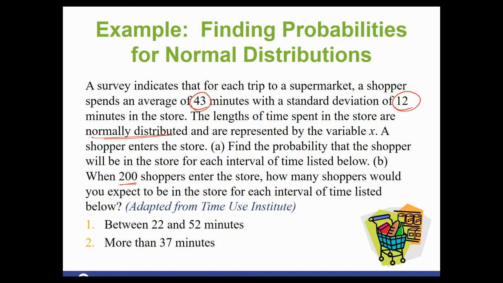So part A is just like what we were doing. We're just going to do it twice since we have two different situations here. But I do want to briefly talk about this 200 shoppers. That is your sample size. N is 200. So what we're going to do in a minute is do N times P, your probability you found, to figure out the X, how many people are in that store.